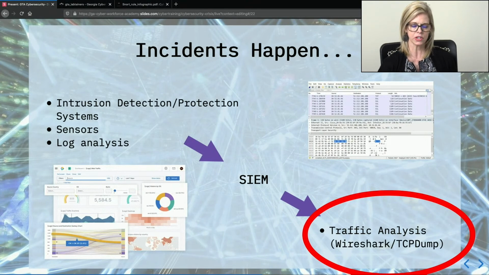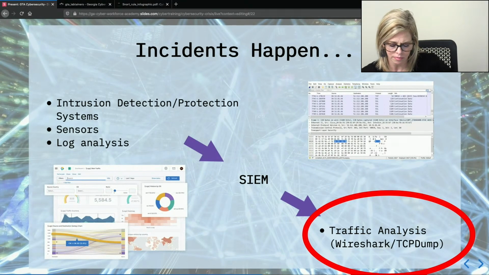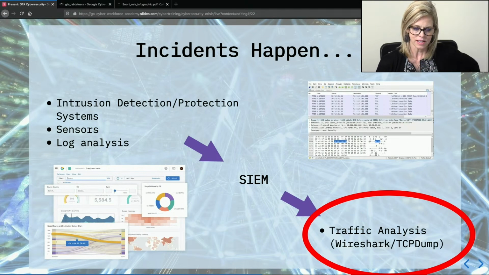So we've established, and we've looked at some recent alerts or incidents that have happened, and we know that that information is going to come up to our dashboard. We're going to view that in some sort of SIM that has normalized that information and all those data types, and then we have to perform the deep dive analysis on that particular alert or incident, if it is indeed an incident.